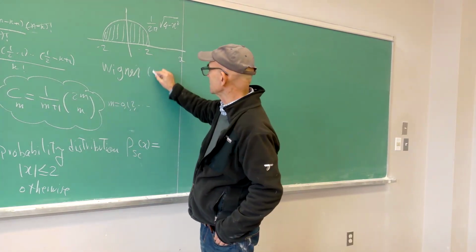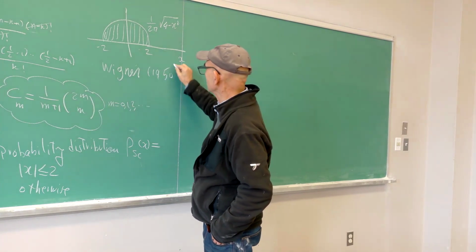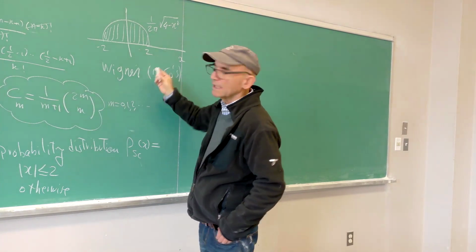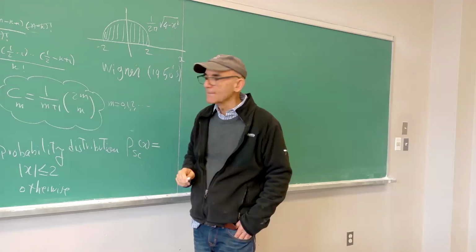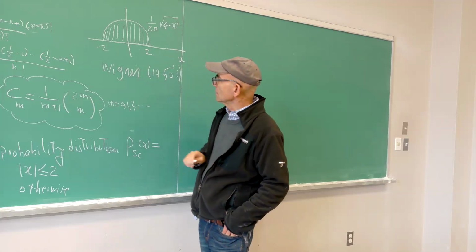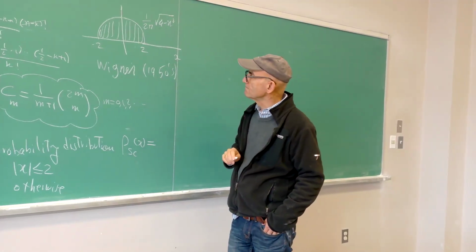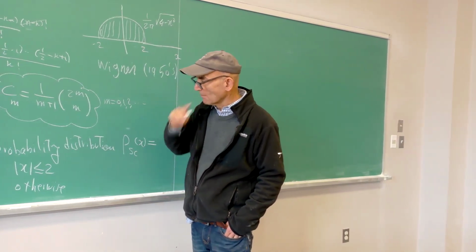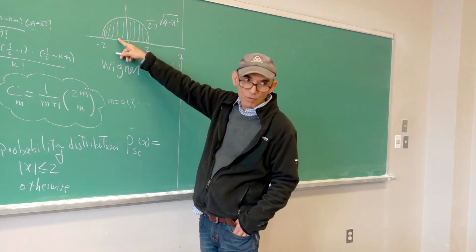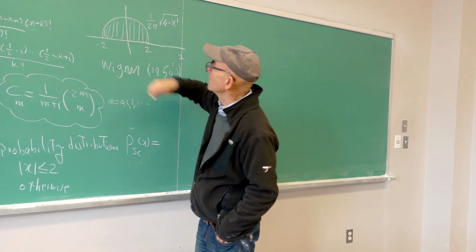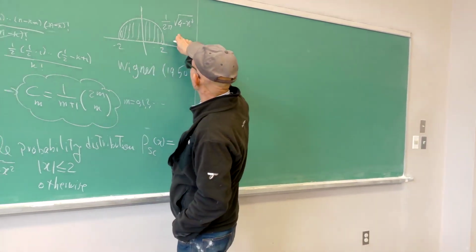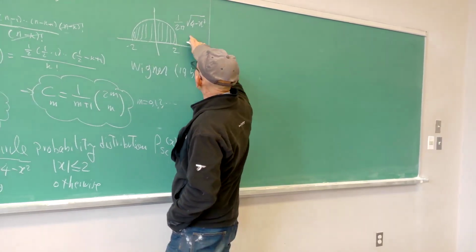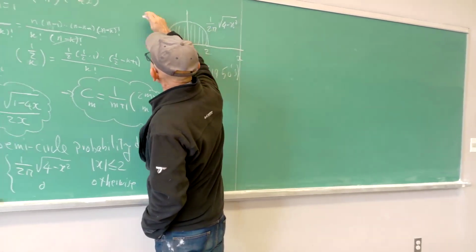So Wigner, this is the 1950s. I will tell you how we came across this. But this is what was introduced by Wigner. And of course, this is a probability measure because this area is exactly 1. I mean, that's the area of this circle, really, and then you normalize.